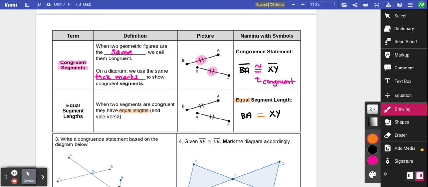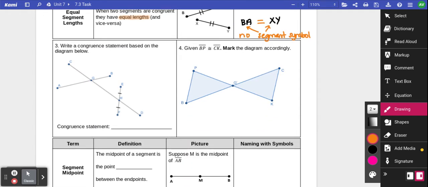Because we are talking about the length, we do not use the segment symbol. Whereas if we're talking about the segments being congruent, we don't use an equal sign. So little lines on the top, congruent symbol. No little lines on the top, equal sign.